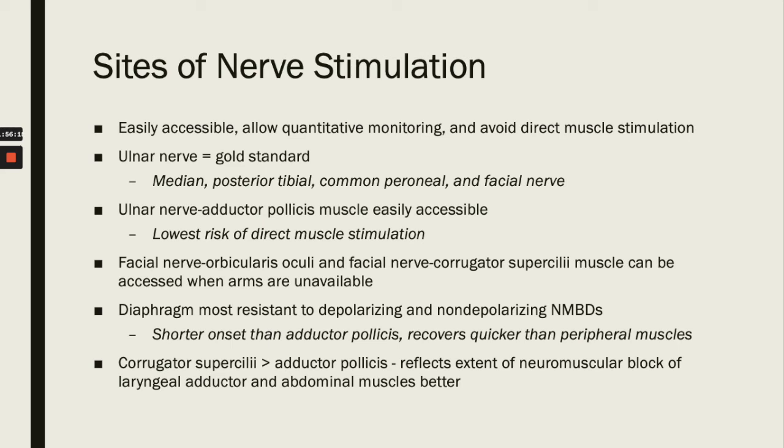So if you were stimulating at the facial nerve corrugator supercilii, you would know that the neuromuscular blockade of the laryngeal adductor and the abdominal muscles have recovered better than by looking at the adductor pollicis.